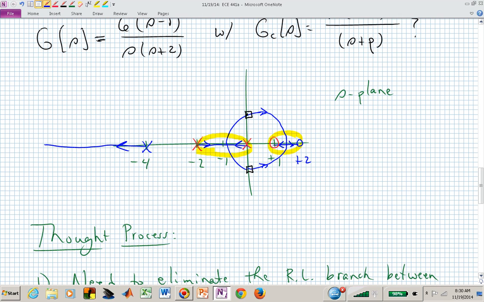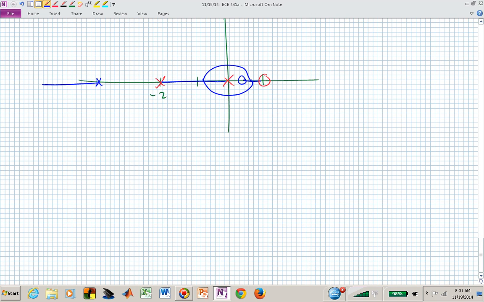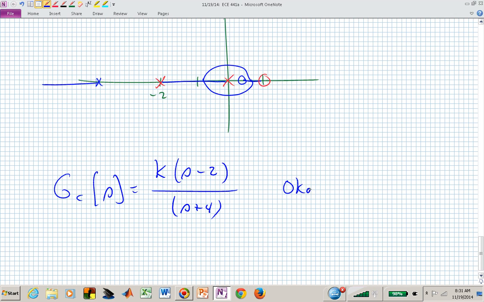How do I finish up the design? I now have a controller, G sub C of S is K, S, where did I put that one? At 2, and this was S plus 4. That was my OK controller.